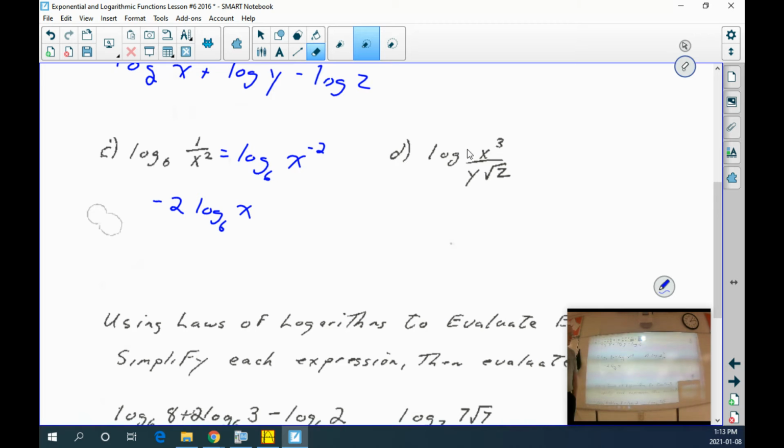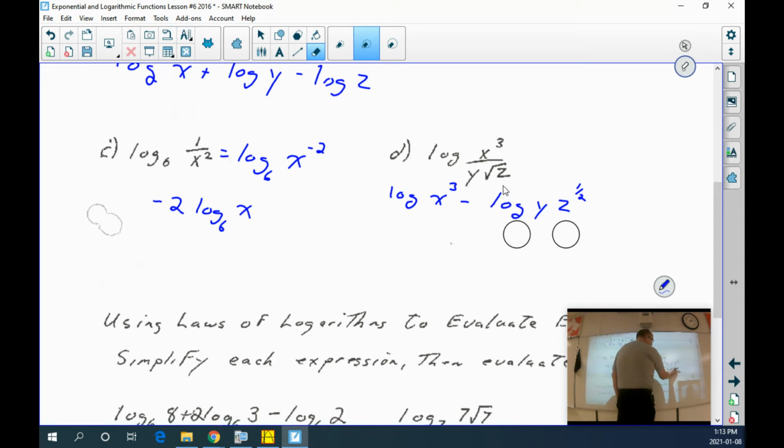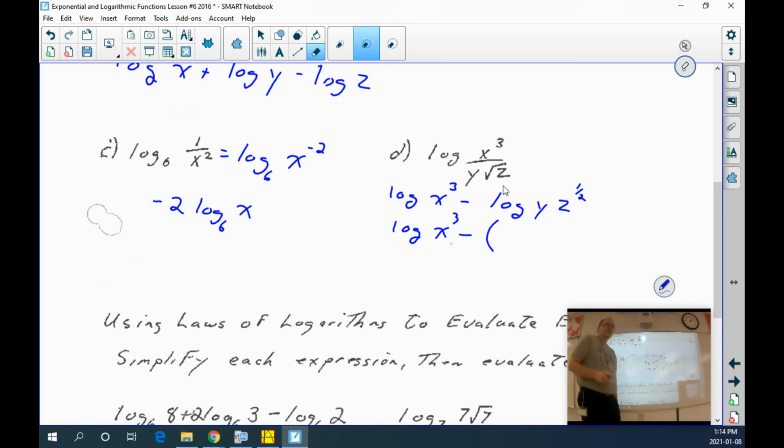Now this one here is a little bit more complicated. We have the logarithm of a quotient. Let's write that as the difference of two logarithms. We have log x cubed minus log of y times z to the 1/2, and that 1/2 only applies to the z. I now have the logarithm of a product, so I'm going to write it as a sum, and in brackets, because if I don't do this, I'm going to mess it up.